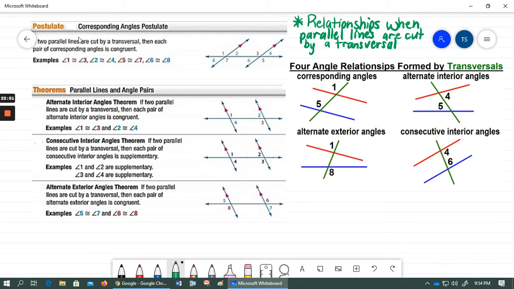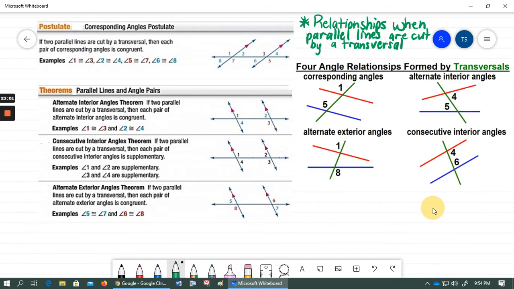That's what we're talking about right now: when the two lines are parallel and get cut by a transversal. When corresponding angles get formed when two parallel lines are cut by a transversal, those pairs of corresponding angles are going to be congruent.